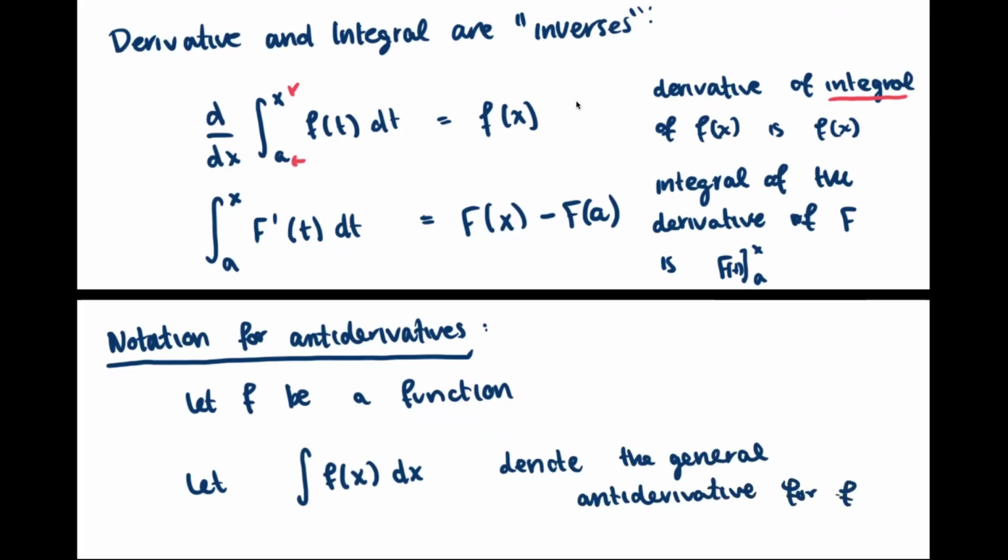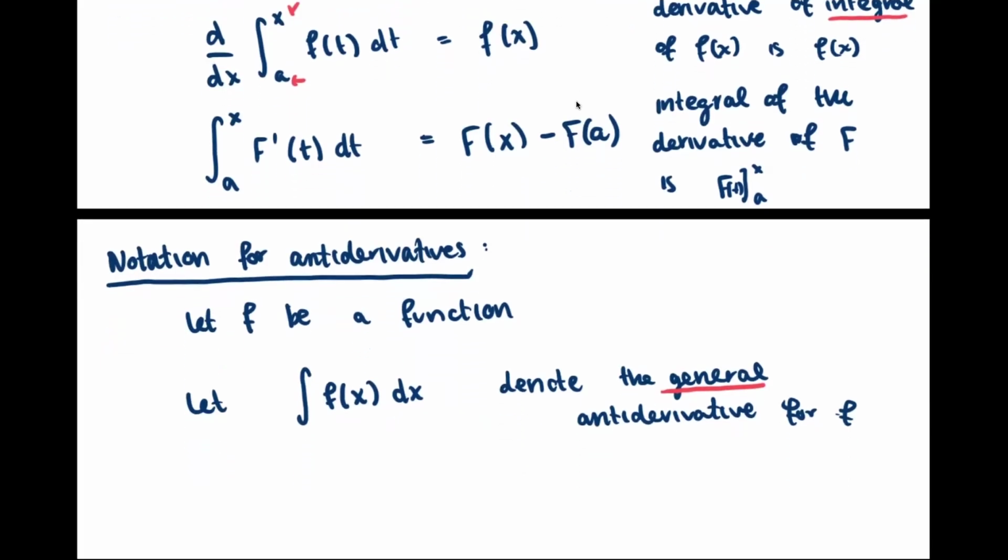Recall that the general antiderivative is when you find one antiderivative and then you add plus c to stand in for all of the different ways to add a constant to that function. This is representative of a family of functions, which is the set of all antiderivatives of f. And this is called the indefinite integral.